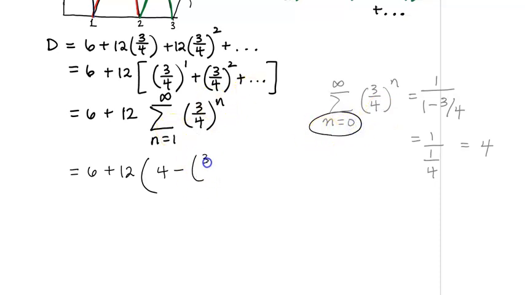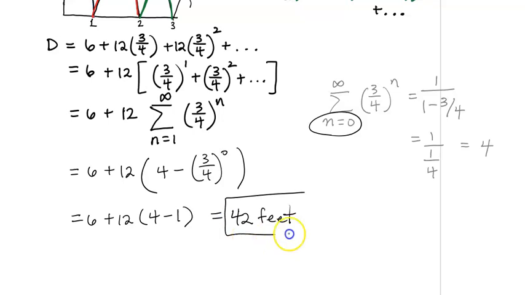So when n is 0, we would get 3/4 to the 0, which is 1. So this is 6 plus 12 multiplied by 4 minus 1, to get a final answer of 42 feet for the total vertical distance traveled by the ball.